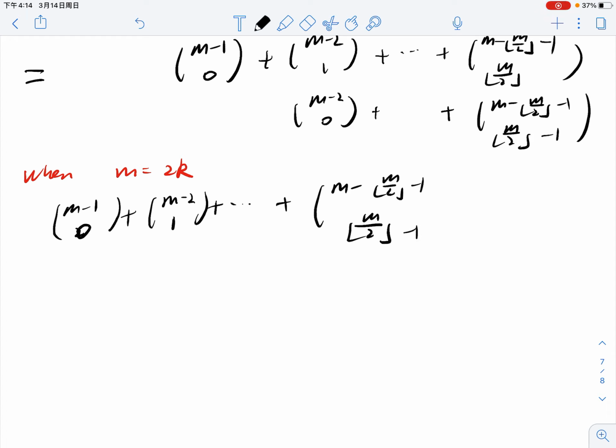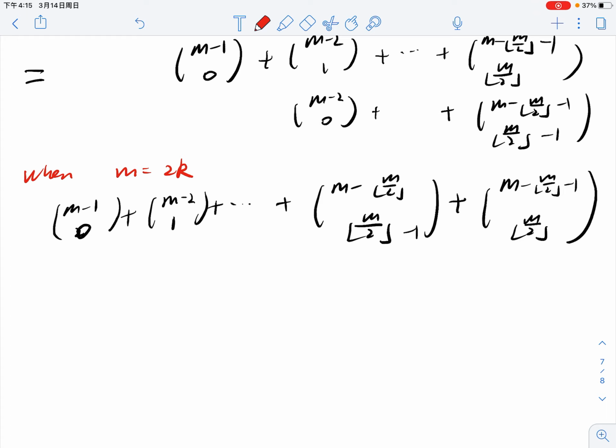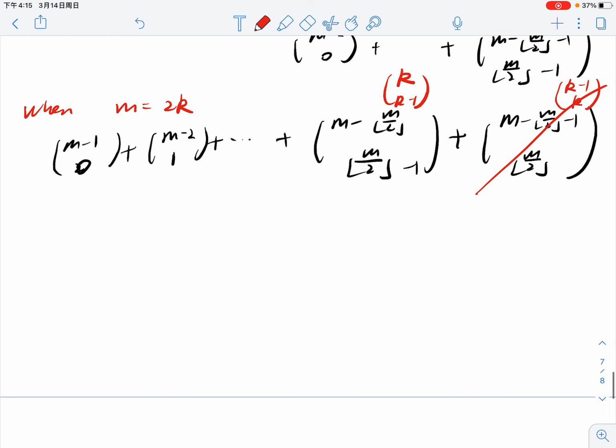Okay, let's write the last two terms. Okay, and then you plug in, you will find this is actually k choose k minus 1. This is k minus 1 choose k. So this is gone, this is 0.